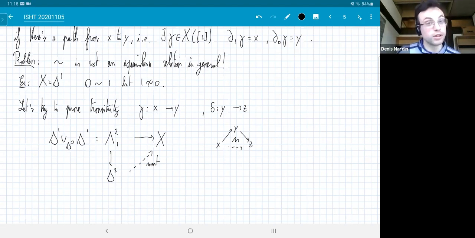But this is not possible in general. For example, you could take X equal lambda 2 1, and it's clear that you cannot do that.